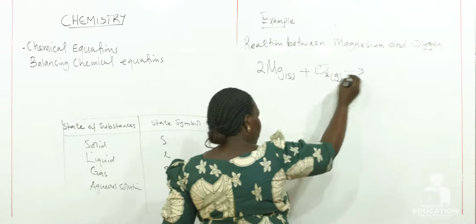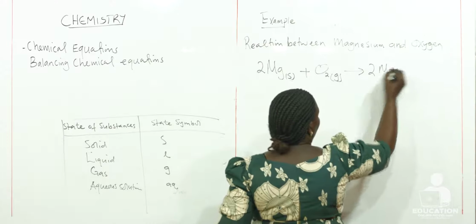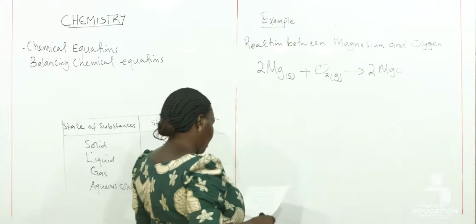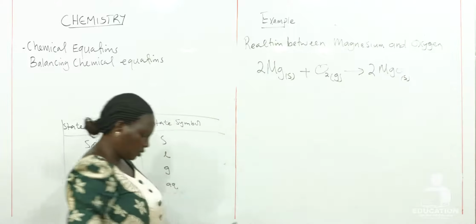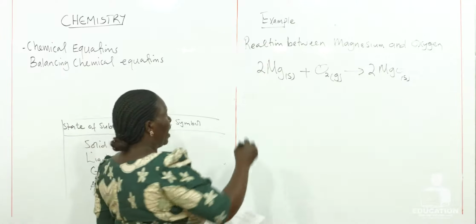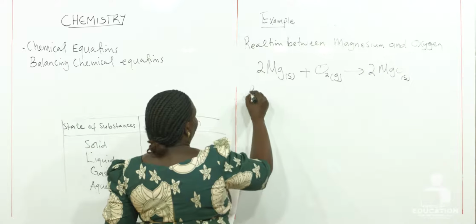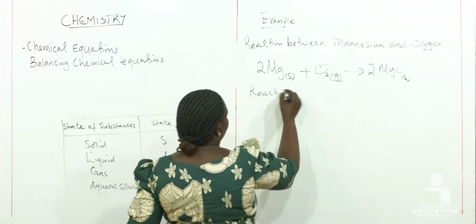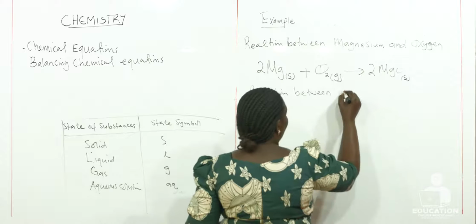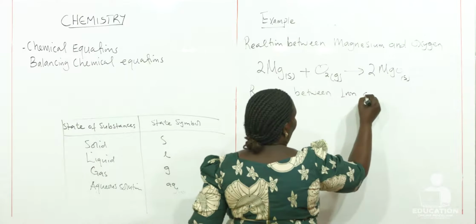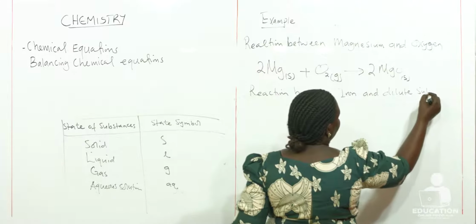Magnesium reacts with oxygen to give 2 moles of magnesium oxide, which is a solid. And then also we have a reaction between iron and dilute sulfuric acid.